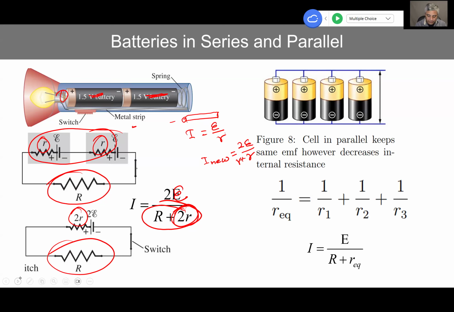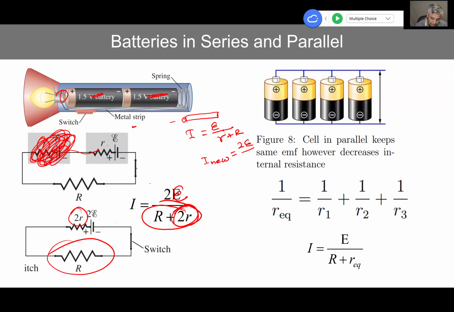than before. So in this circuit, if there was just one of these, let's say, then the current would be this. But now with both of them, we have 2r and EMF.